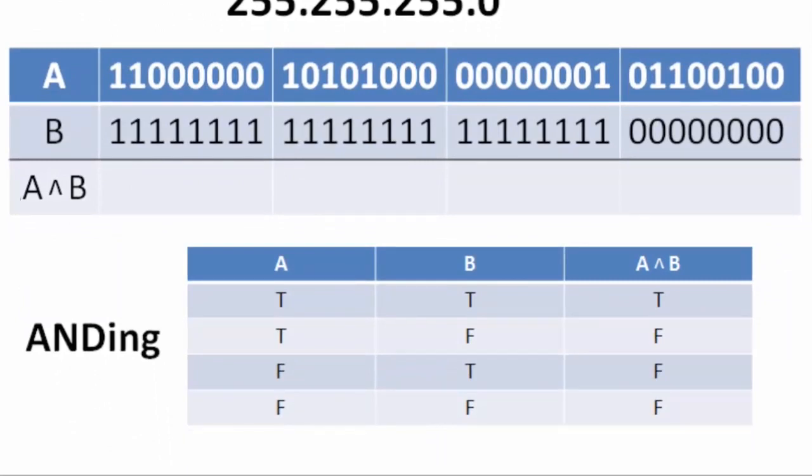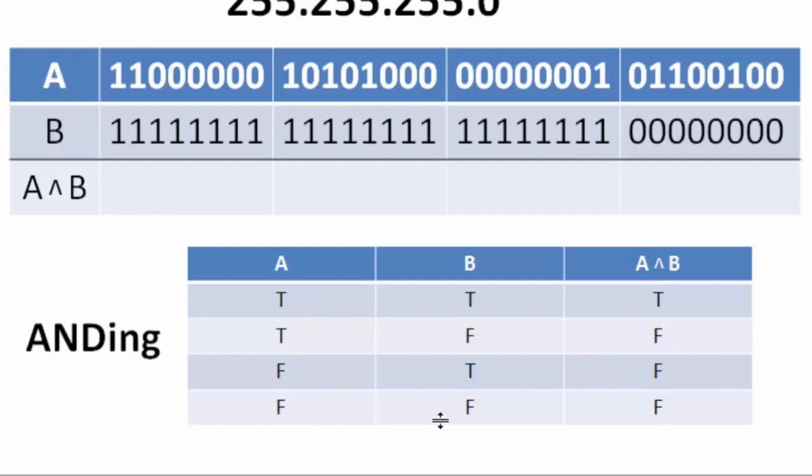If A is true and B is true, then A and B, with the necessary condition being the conjunction and, is also true. But if A is true and B is false, then the conjunction of A and B is false. And if A is false and B is true, then the requirement of and for both of them is false.